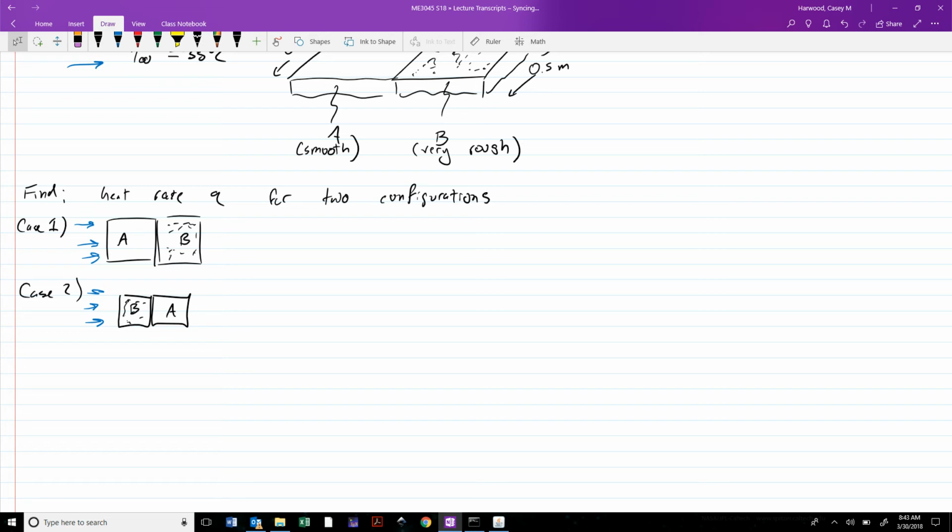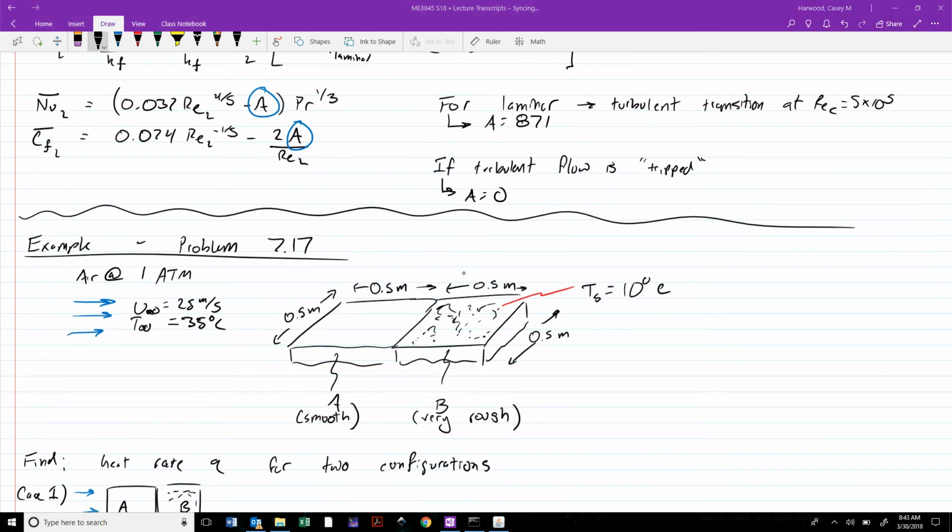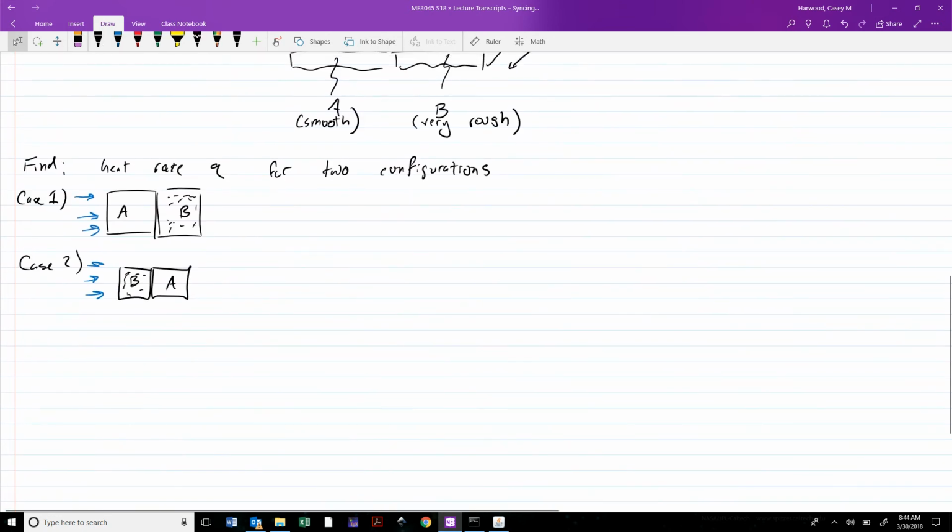For case 2, if the flow hits this roughened plate first, it's going to go straight to turbulence. And so we get to use that equation that I just gave, but with A equals 0. So we've got two different types of flow over the same surface, and we're going to see if it leads to different rates of heat transfer.